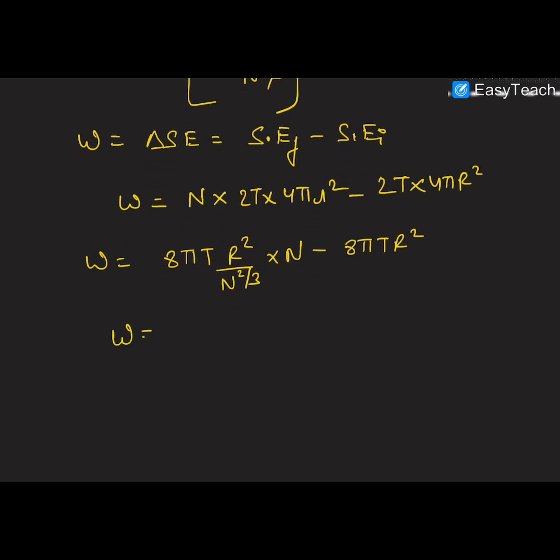So work done will be equal to 8 pi T R square, and the R square is common, so it would be n to the power 1 by 3 minus 1. Obviously this work done will be positive because n is more than 1, and therefore n to the power 1 by 3 will be more than 1. So this work done will be positive.